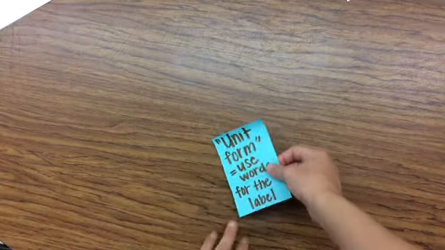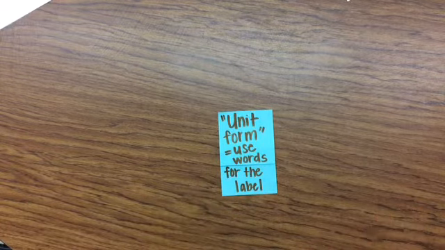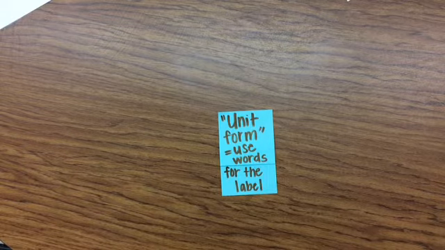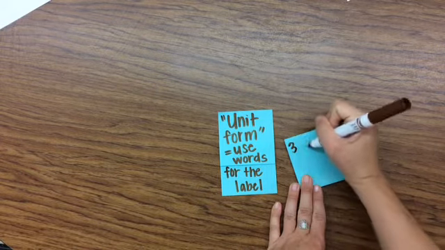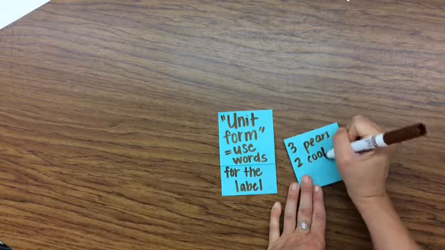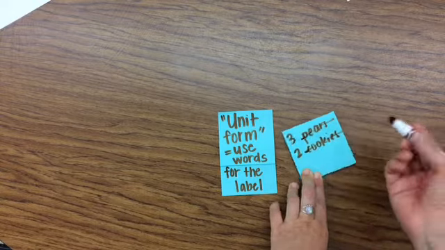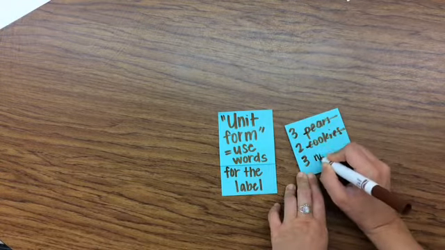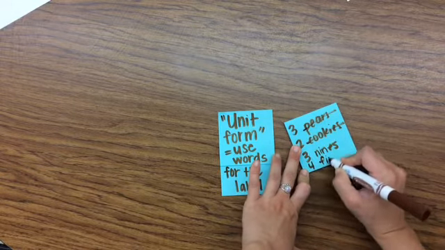One vocabulary term that's going to come up today is unit form. When it asks us to write something in unit form, all that's asking us to do is use words for the label. So I might say 3 pears, 2 cookies. But more often today, we're going to be using 3 9s or 4 5s.